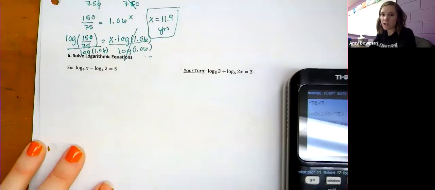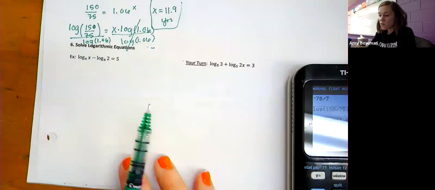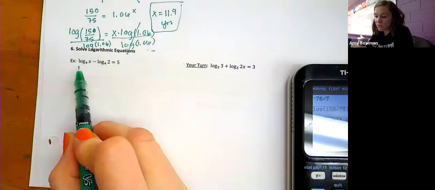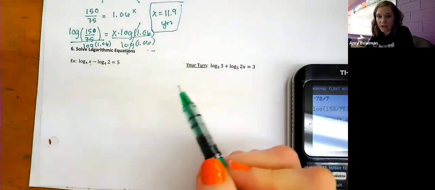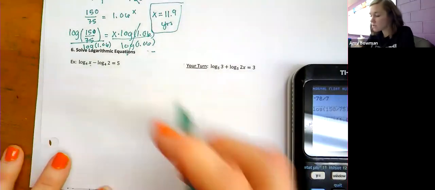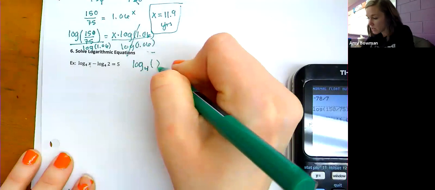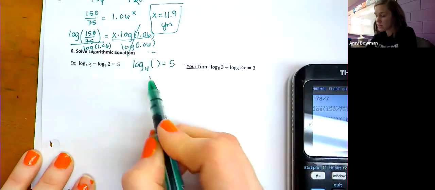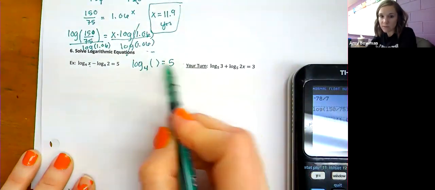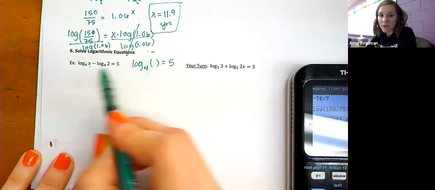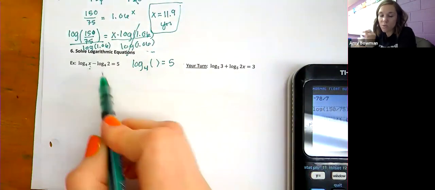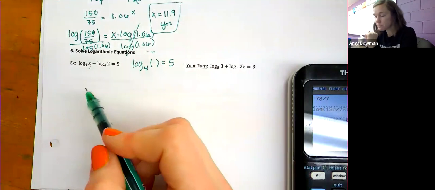Last example, solving logarithmic equations. So this is a new type of logarithmic equation. I need to figure out what x is. Now, if I have a single, like if this was just log base 4 of something equals 5, then I could just do 4 raised to the 5th equals whatever is on there. But I have 2 logarithms, and I don't want 2 logarithms, I want 1 logarithm.